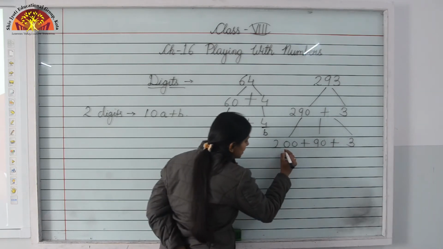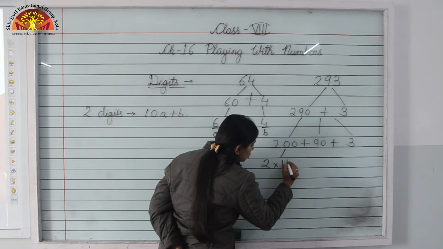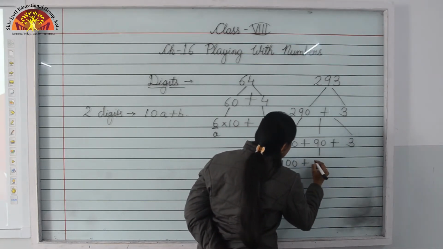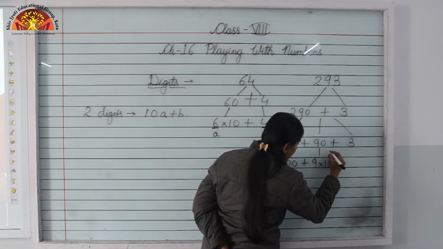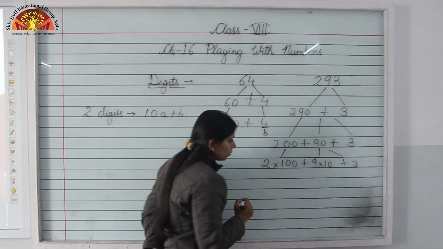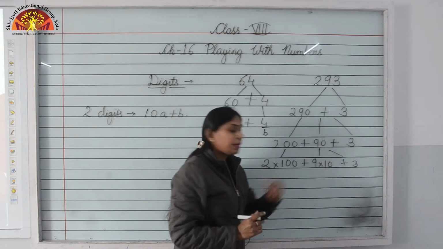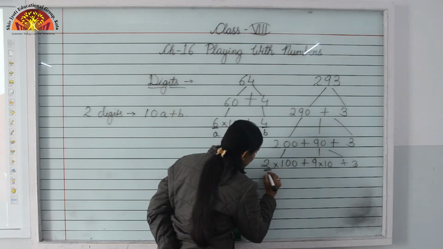Now how can we write it? How can you write 200? 2 into 100 plus 9 into 10 and plus 3. Is it clear? That is 2 into 100 plus 9 into 10 plus 3. Now what can we call 2 here?